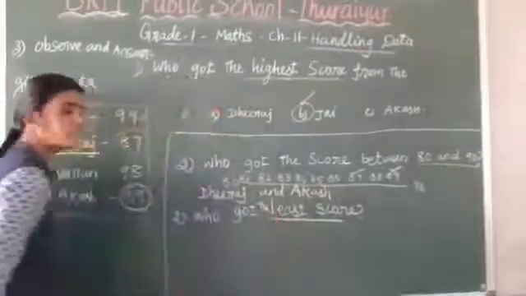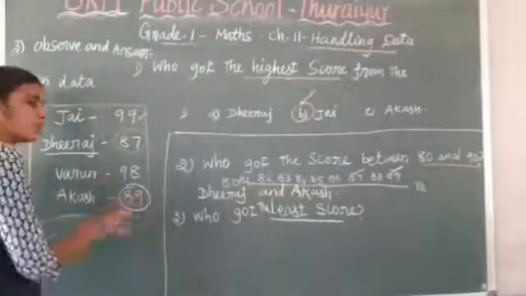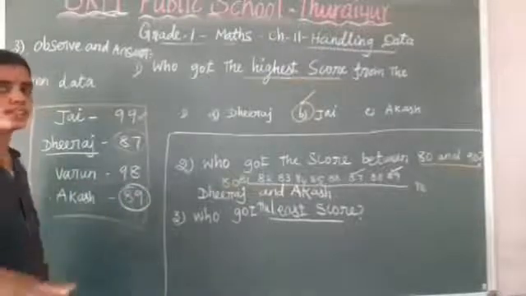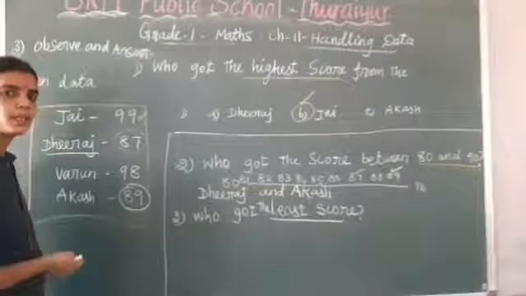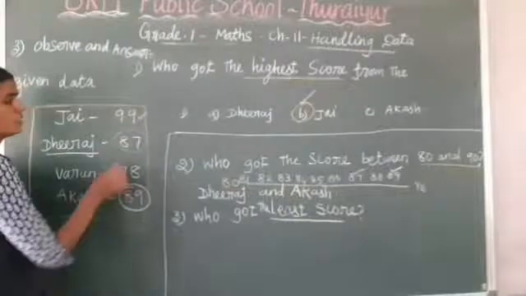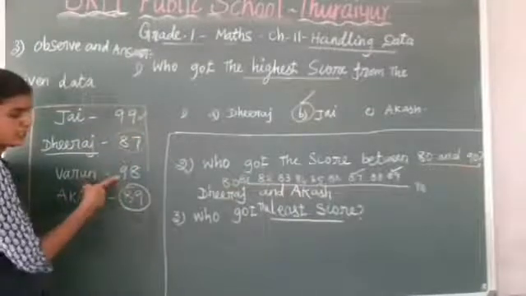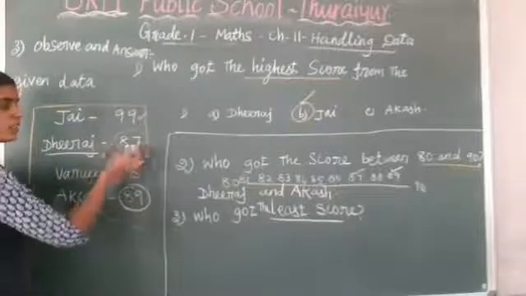Next, who got the least score? Very less score, very minimum mark. Very low mark, all are the same meaning: minimum mark, less mark, least. So which is that? 99 is the first mark, next 98, next 89, and last is 87.